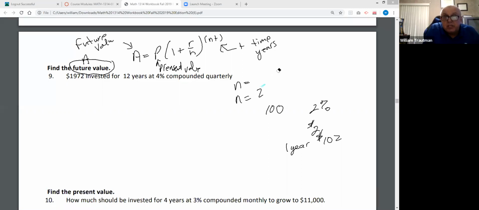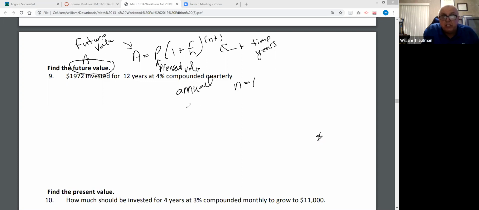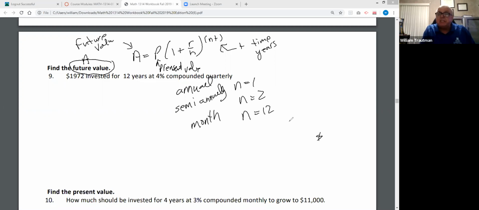So n equals 1 when they compound annually, once a year. They can do it semi-annually, which means they add the interest to your account 2 times a year. They can also compound your interest, and most banks do this, 12 times a year, every month. There are 12 months in a year.